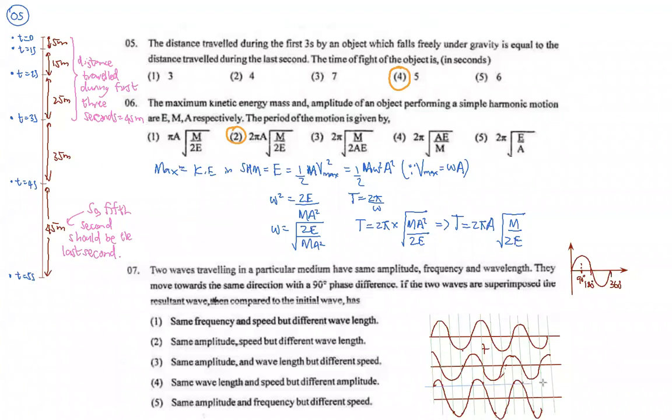This is the amplitude, and this is the other amplitude. Because this part, the amplitude will be above, so they won't have the same amplitude, but they will have the same frequency.